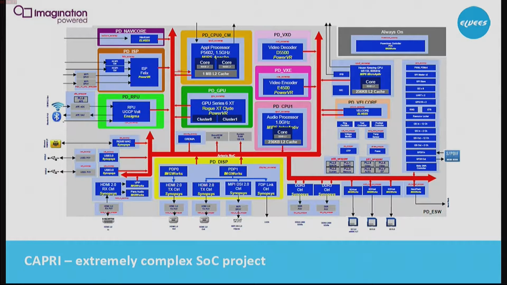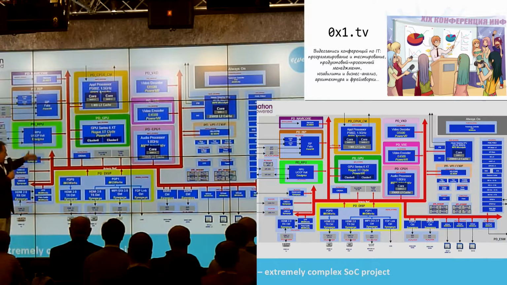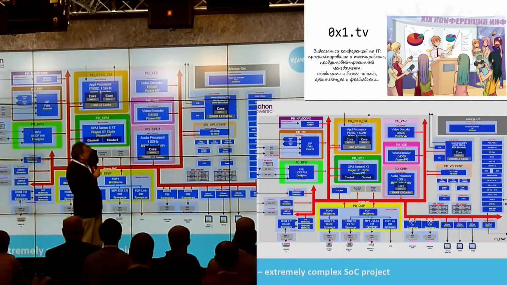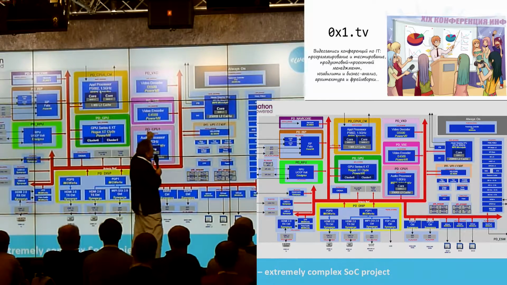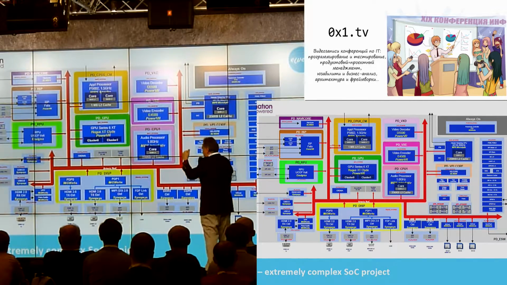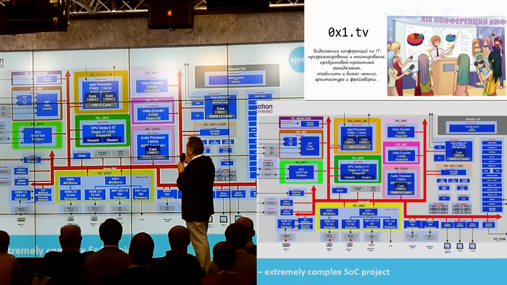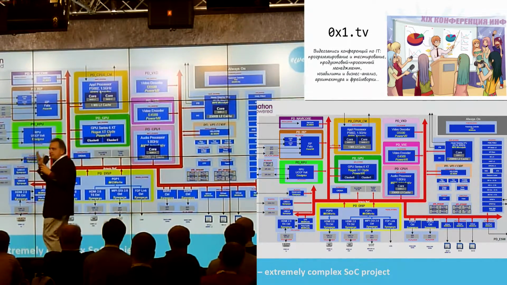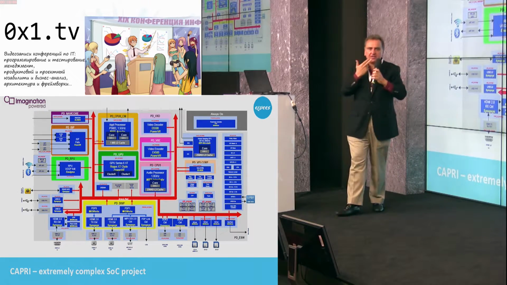Their chip has a very complicated design. It has a graphic processor and blocks, components made in Zelenograd, and this one we designed at our office. This one was designed in the United Kingdom, and some of them are made in Oregon. It's a truly international project.